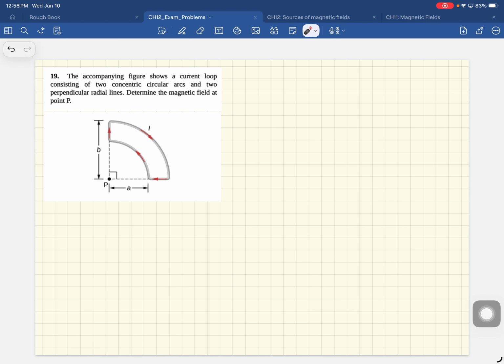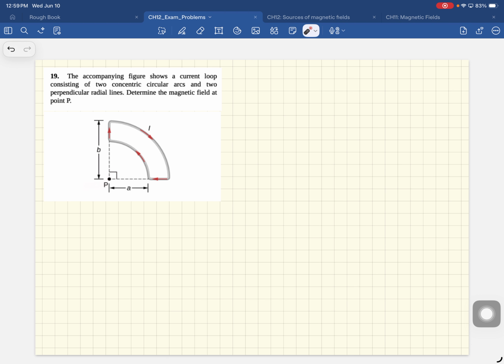So the field due to this arc is a quarter of mu naught I over 2a. If this was a full circle, the field due to that full circle at the center would be just this guy.